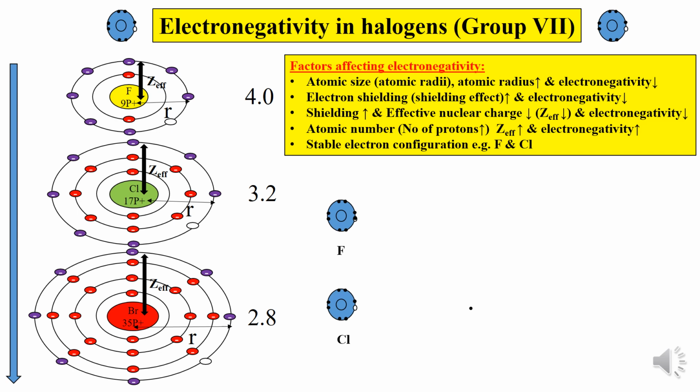So both fluorine and chlorine have 7 valence electrons, and they need to gain an additional electron to achieve a full octet. But electronegativity value is 4 in case of fluorine, while it is 3.2 in case of chlorine. Why is that? It is because of the factors I have discussed.